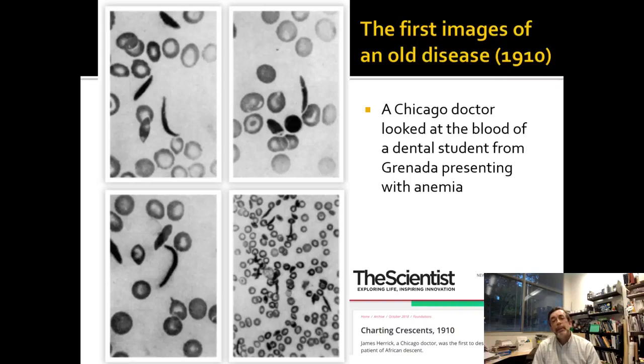For example, there was a dental student from Grenada who was presenting with anemia. They knew that this student had anemia, went to the doctor at the dental school, and the Chicago doctor looked at his blood and found all these things that shouldn't be there. But these are not different organisms, these are the patient's own blood cells.